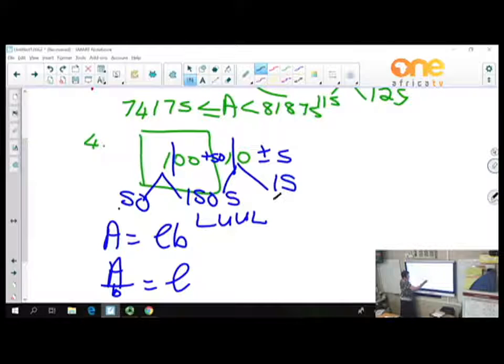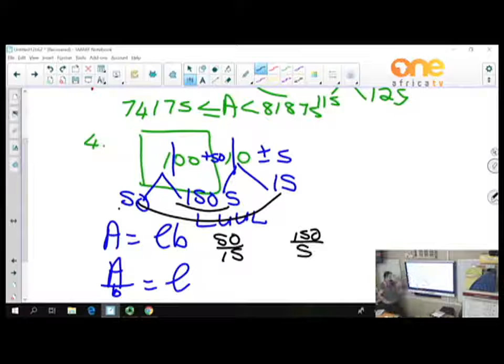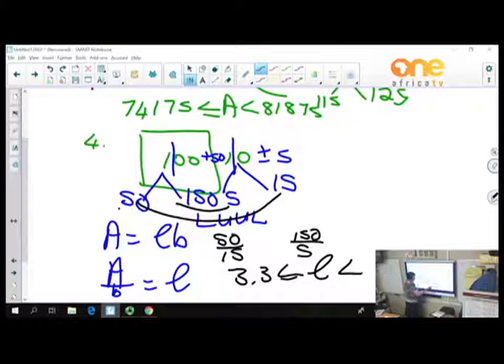Lower, upper, upper, lower, there. So 50 divided by 15, and then 150 divided by 5. So when you divide with a larger one, that's when you will get that minimum value. If I ask 3.3 is less than or equal to the length is less than 30. It must be the area divided by the length or the breadth then there. Okay.